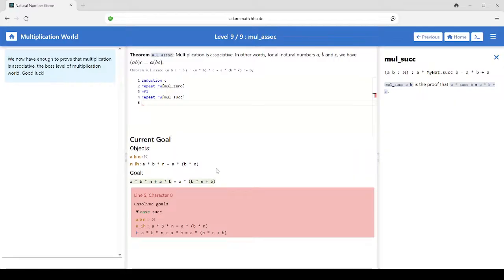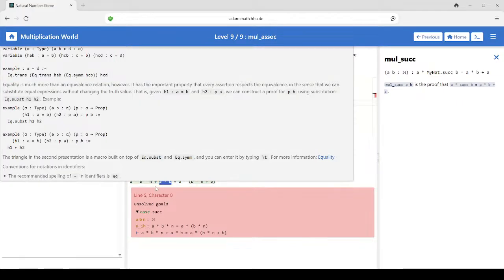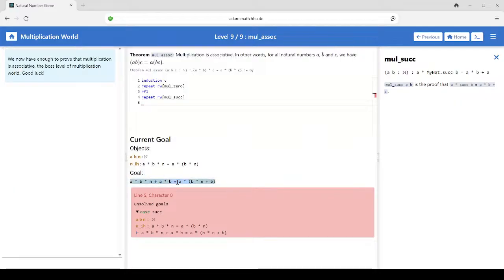So this is, at least to me, even more complicated than what we had last time. What to do next? Oh, but at least we do have a times b times n on this side, even if we do have the a times b left over being added on.